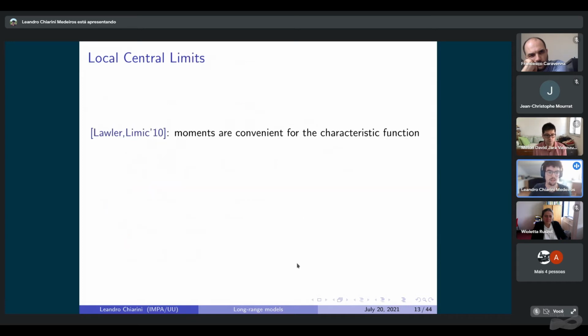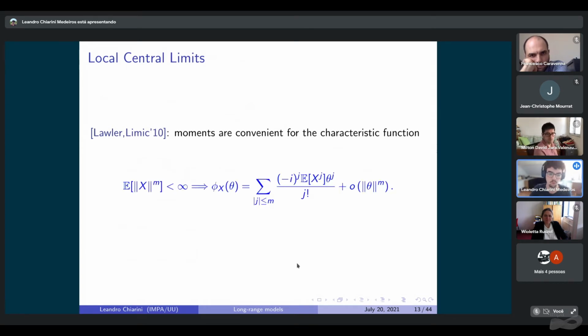Right. So it turns out that if you visit Lawler and Limic's proof, the moments that they assume were nothing but a convenient way of understanding the characteristic function. Say, if you assume that you have m finite moments, you have the characterization of the characteristic function up to order theta to the m, around theta equal to 0, right? This is the first course of probability theory. But this comes from Taylor expansion.